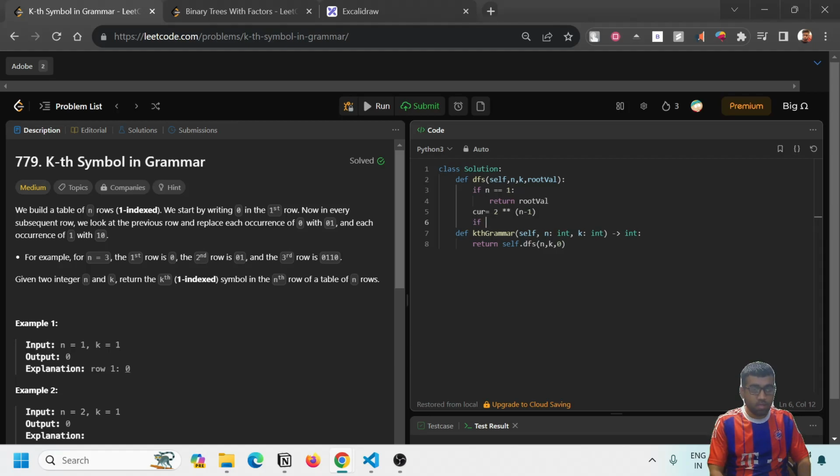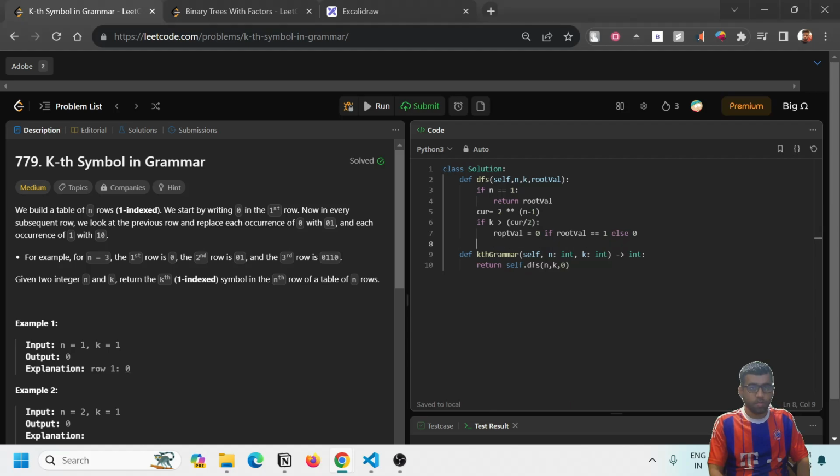So if k is greater than curve divided by 2, then our root value is going to be 0 if root value equals 1, else it remains 0.